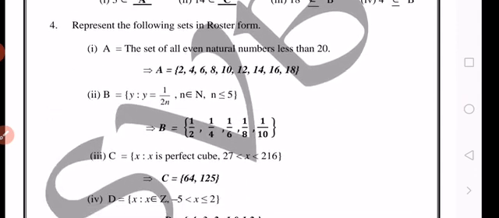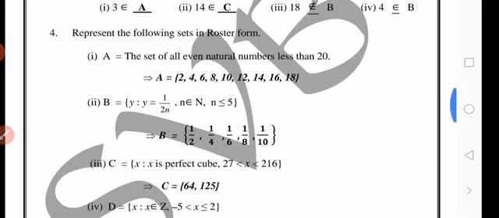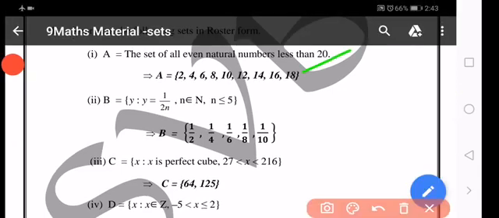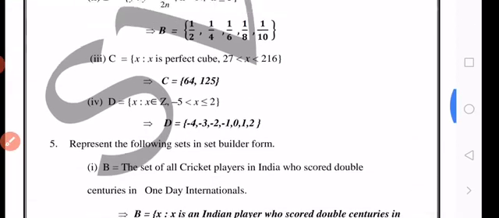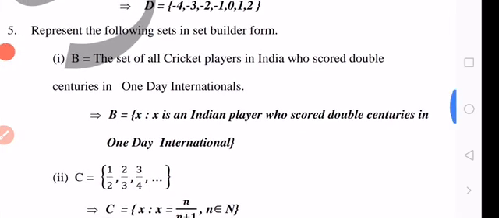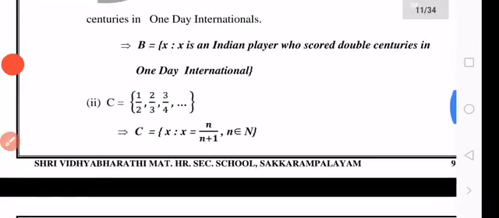And the fourth one, now come to today's class, fourth one answer. So we check this material to write the note. Represent the following sets in roster form: first one, second one, third one, and fourth one. And fifth question, represent the following sets in set builder form. C is the important one, that is a formula.